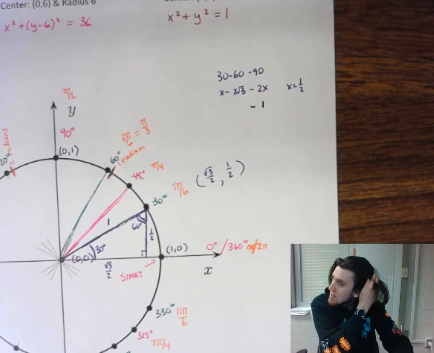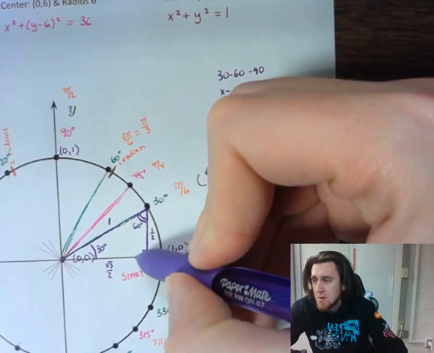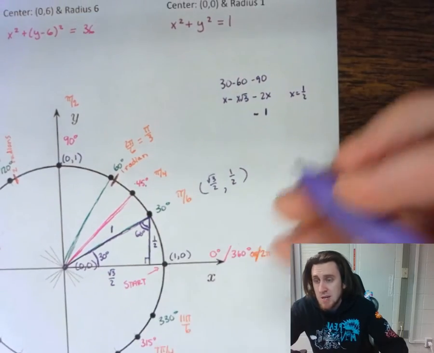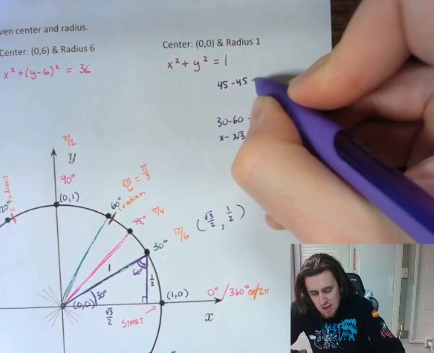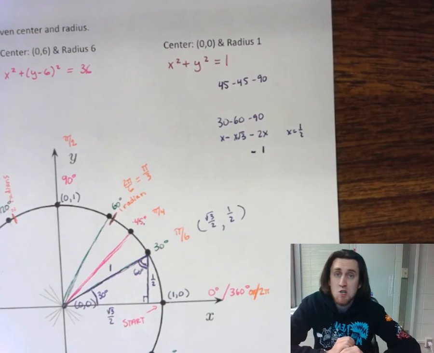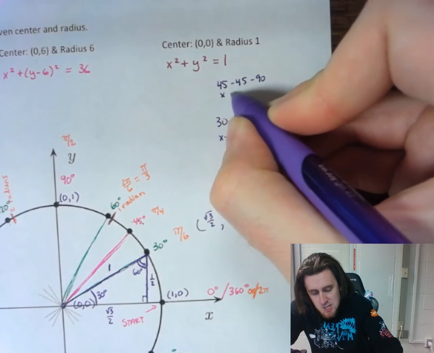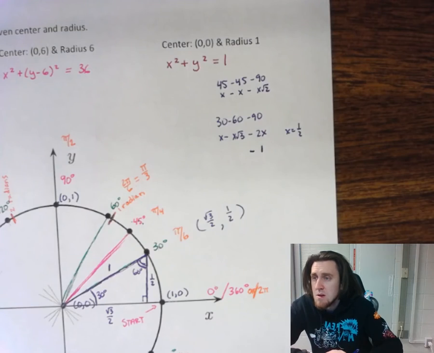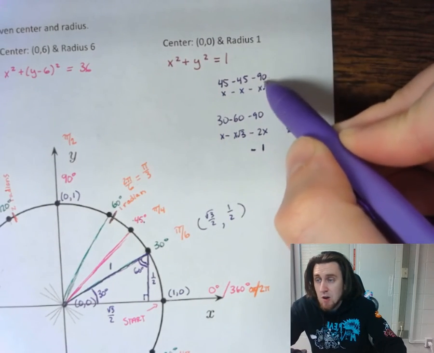Okay. We could do the exact same thing and draw in another triangle here for the 45-degree one, except you wouldn't get a 30, 60, 90. You would get a 45, 45, 90, which is another one of those special right triangles that you learned about in geometry. The sides there are x, x, and x root 2, where the x root 2 side is the hypotenuse, the one across from the 90.